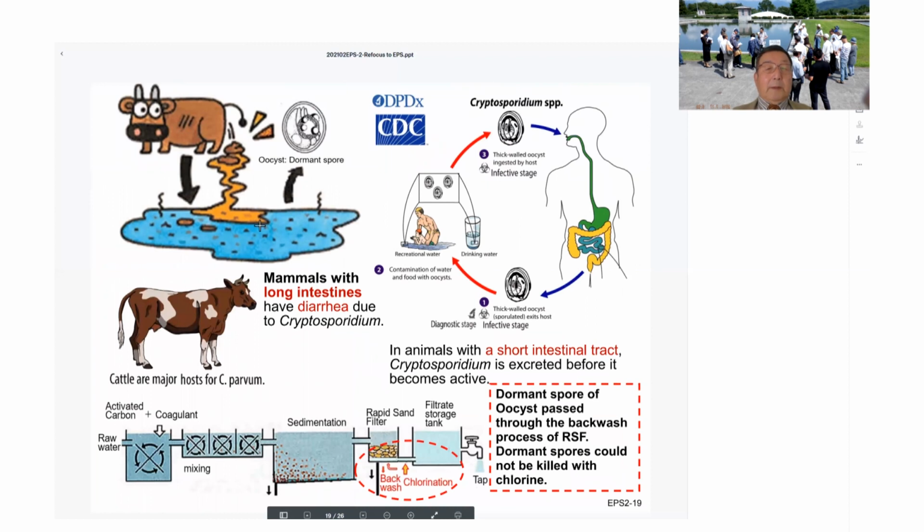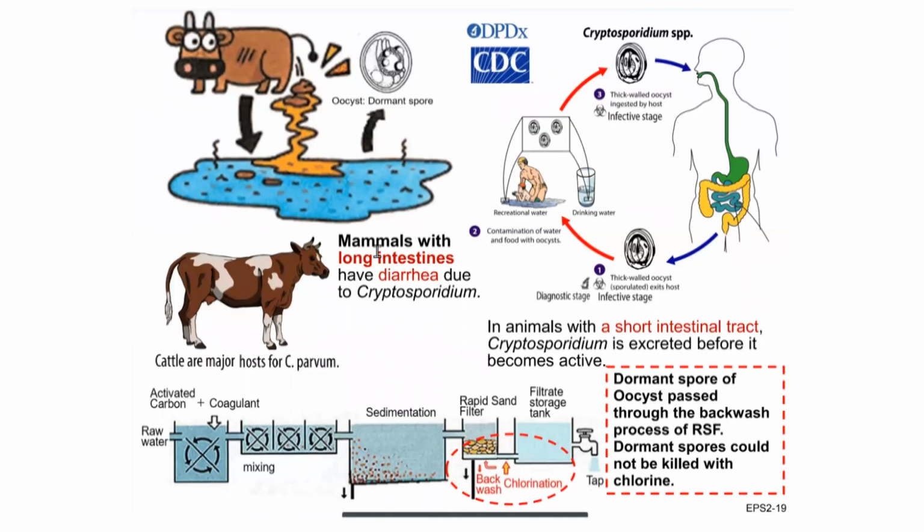As you know, diarrhea is usually only in mammals. Mammals have long intestines and get diarrhea due to Cryptosporidium. Small animals have a short intestinal tract, so Cryptosporidium is excreted before it becomes active.